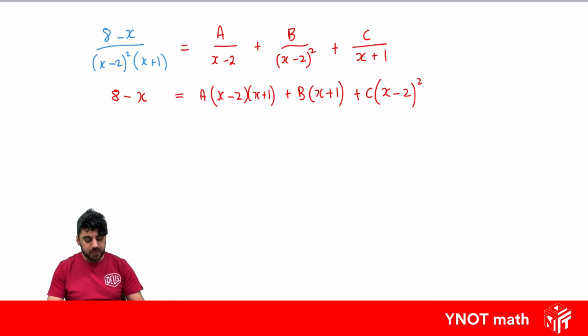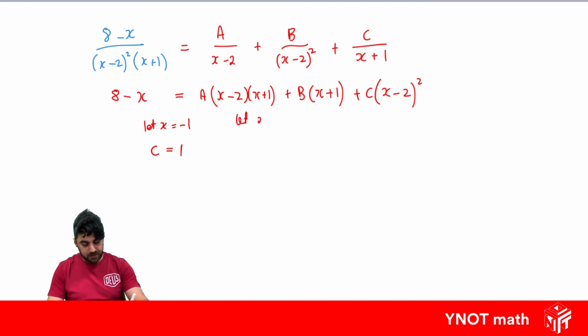In a very similar way, we could let x equal some clever things here. First we'll let x equal minus 1. If you do that here, this term will be 0 and this term will be 0, so this will find our value for c. And if you were to do that, c would equal 1.